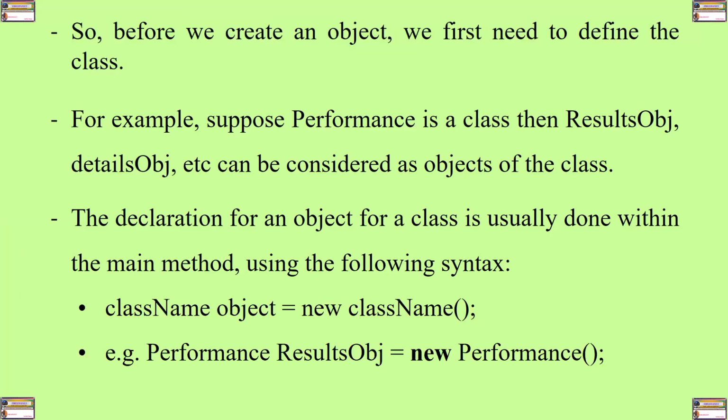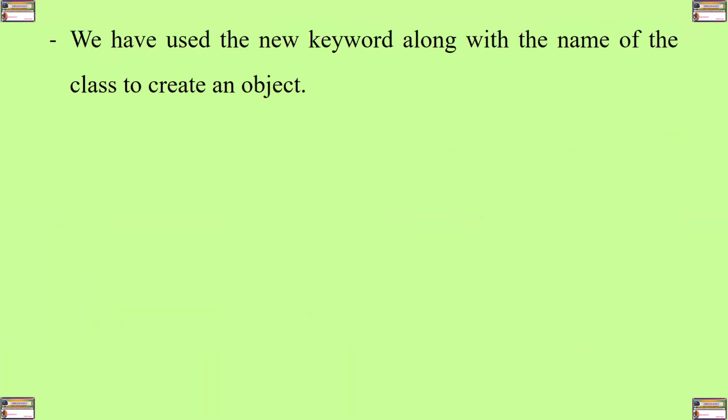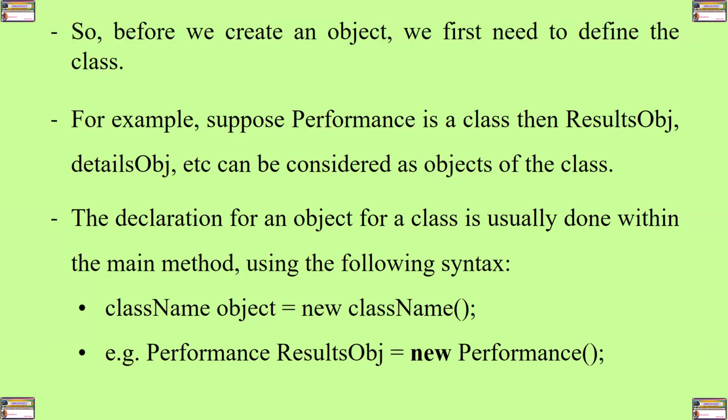So you are creating a new member, a new method called performance. We have used the new keyword along with the name of the class to create an object.